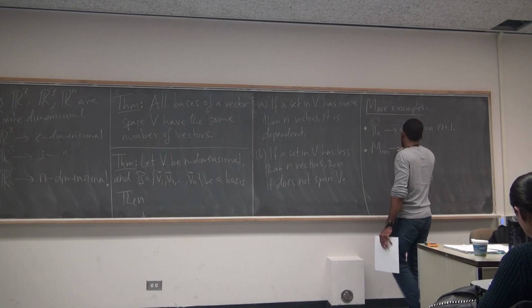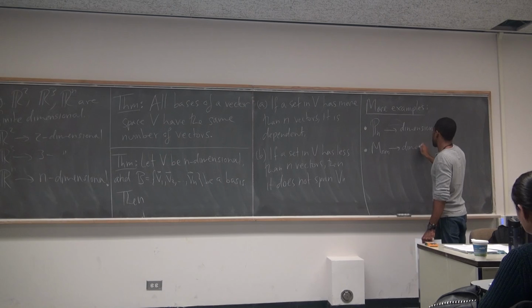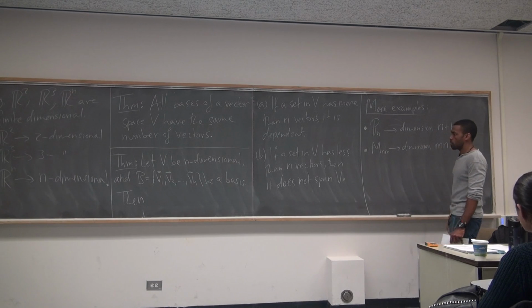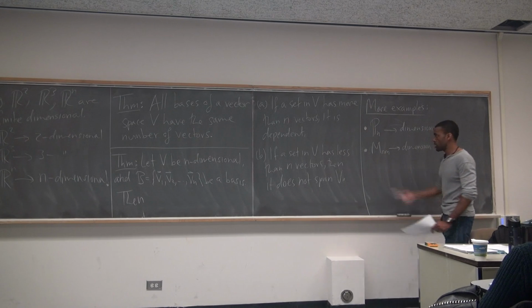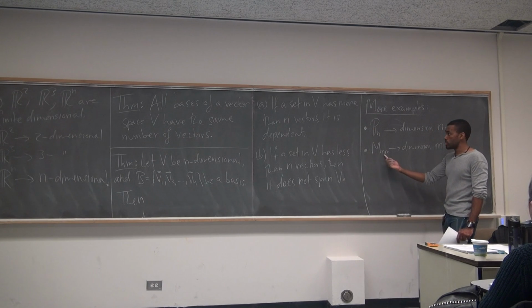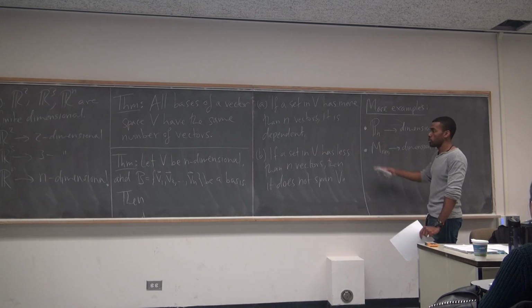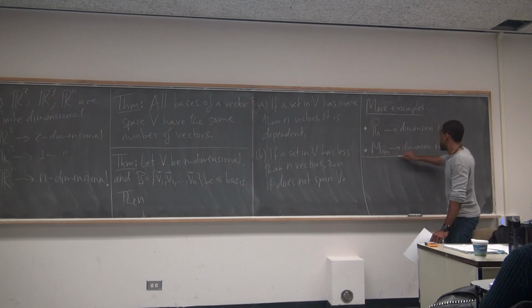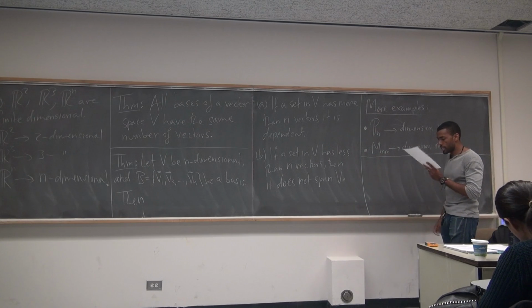And M_nm has dimension n times m. Right, this is the set of all n by m matrices. And Pn is the set of all polynomials of degree n or less. Those are the dimensions. So, just some quick facts that can help you out.